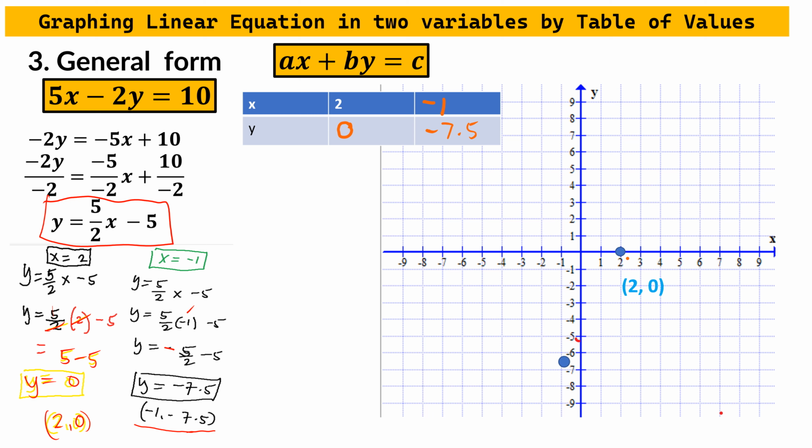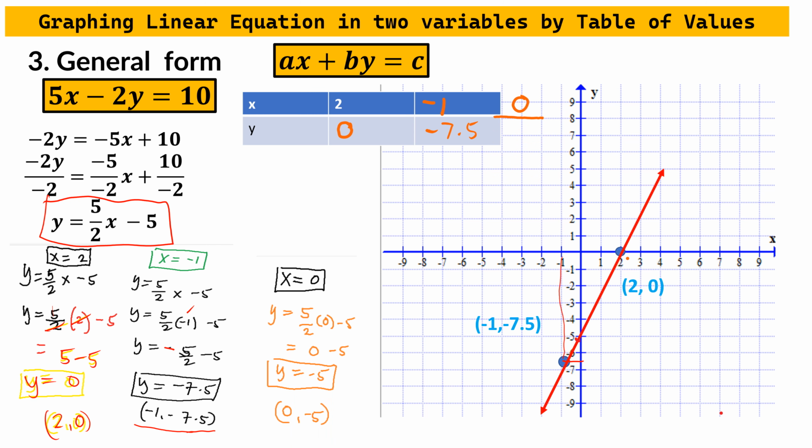Locating it on the Cartesian plane, x is -1 and y is -7.5. We will now connect the 2 points. Out of the 2 points, let us try another value of x to check if the ordered pair we come up with is still on the line. Let us try if x is 0.